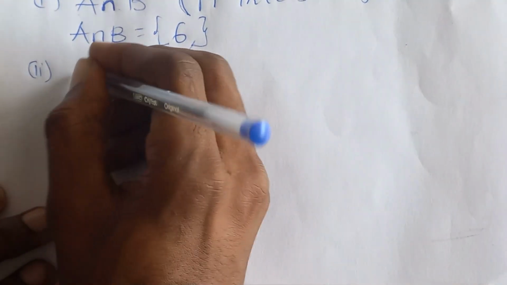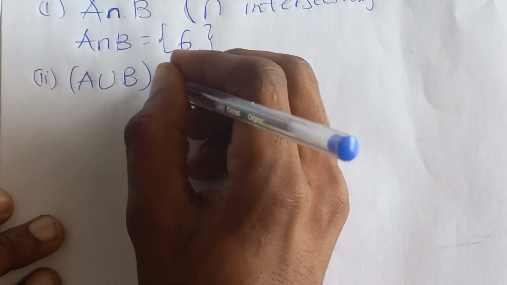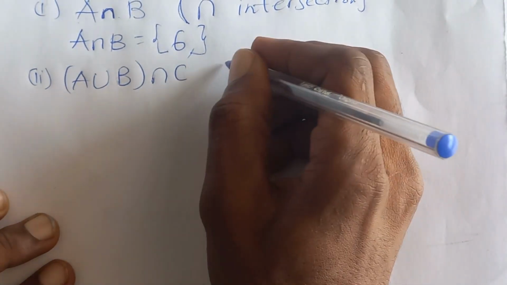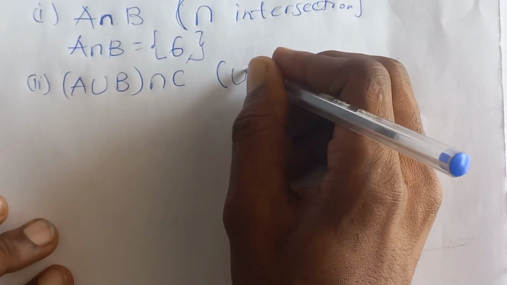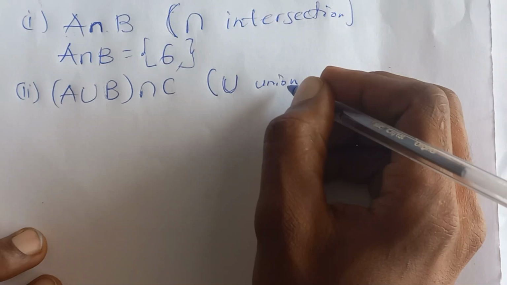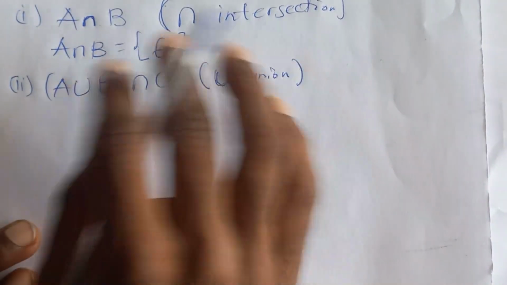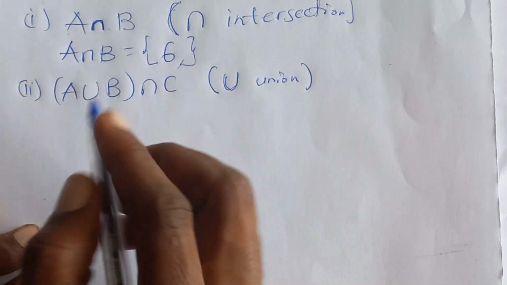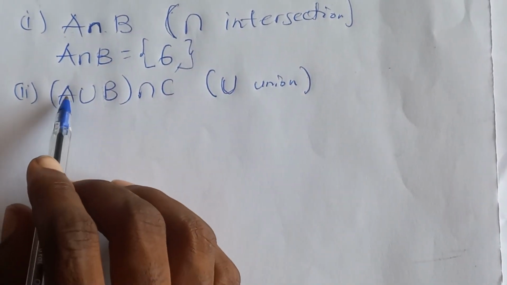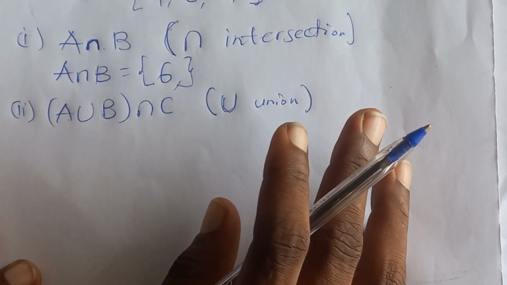It says A union B intersection C. And don't forget, this symbol means union. And union means the list of all elements. So for example, A union B is the list of all elements in A and B. That's what union means.